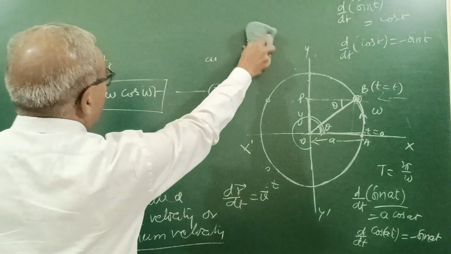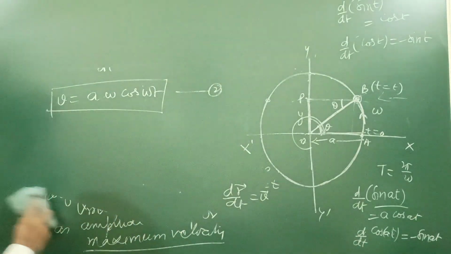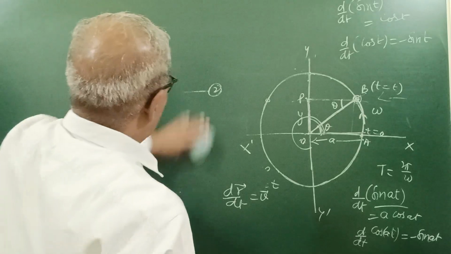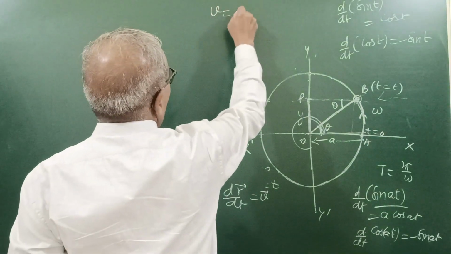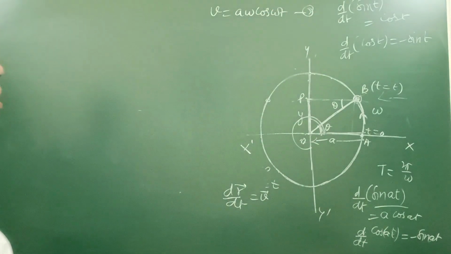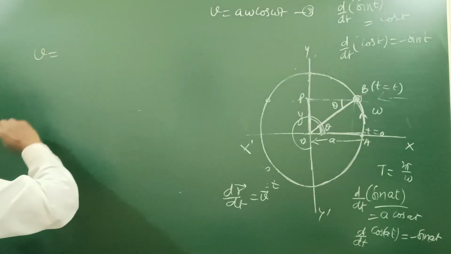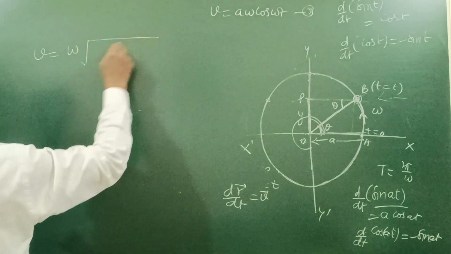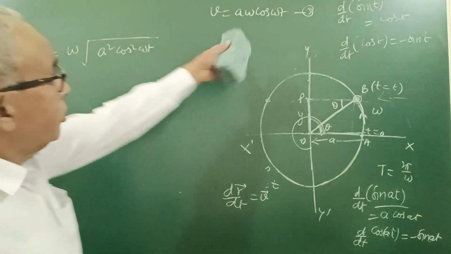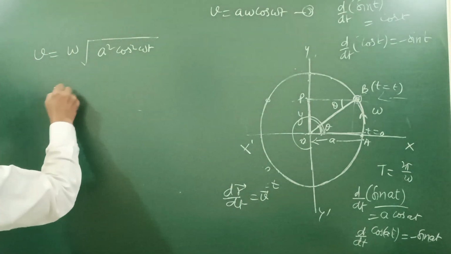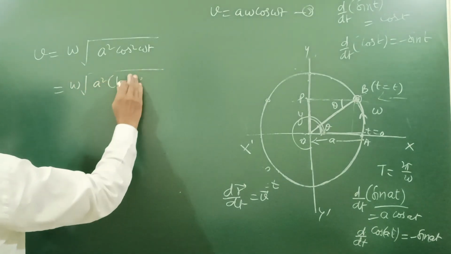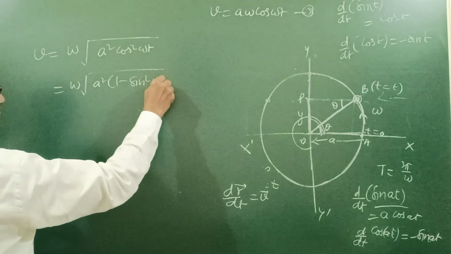इक्वेशन 2 can also be written as, I write here v equal to a omega cos omega t, equation 2. We can write the other way also, as v equal to omega under root a square cos square omega t. स्क्वायर का जरूर ले दिया, और omega under root a square into 1 minus sin square omega t.